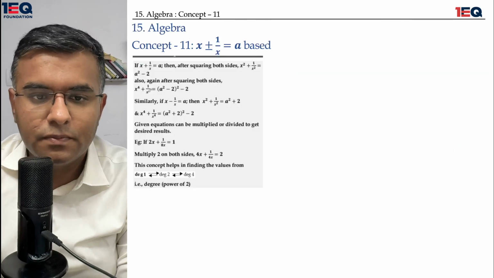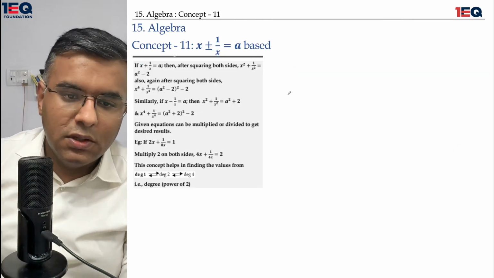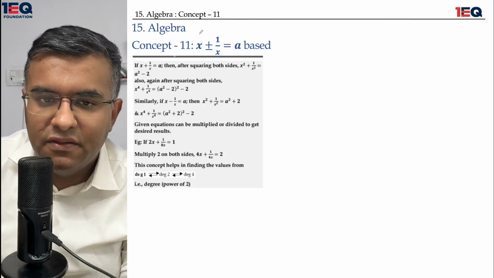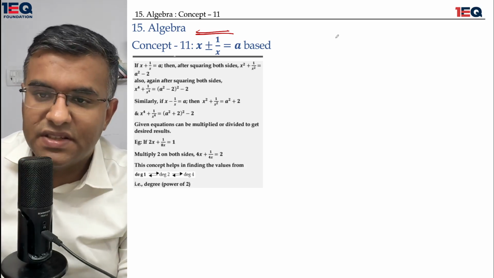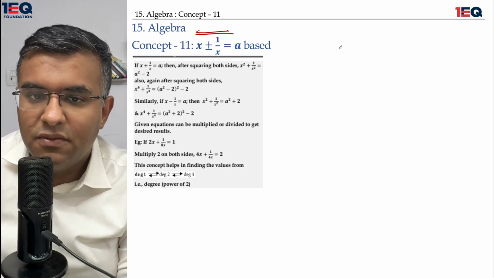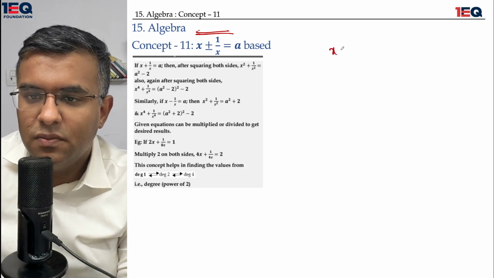Let's move on. So this is the favorite of SSC, and this has been the favorite of SSC for multiple years, for years immemorial. So I would write down the equation straight away.